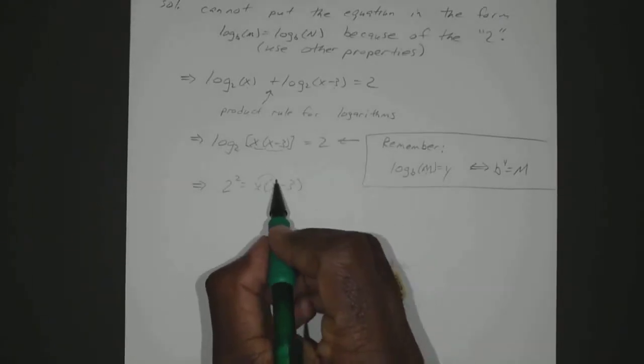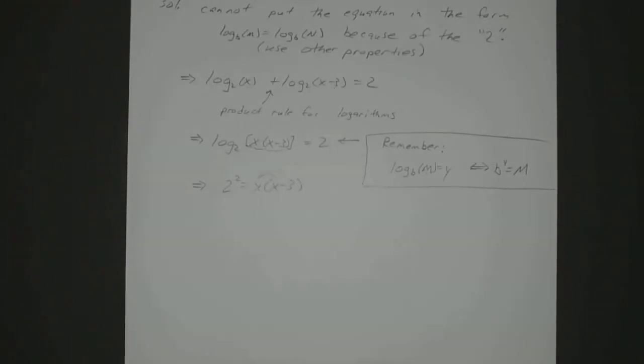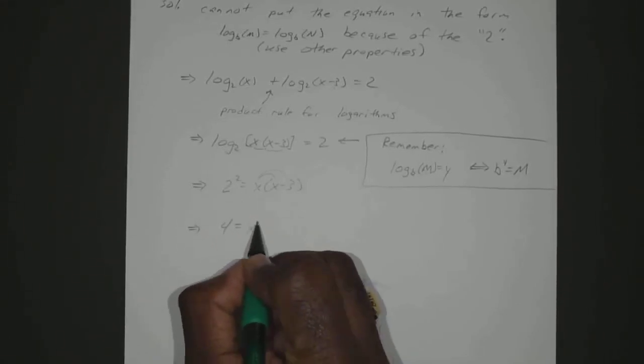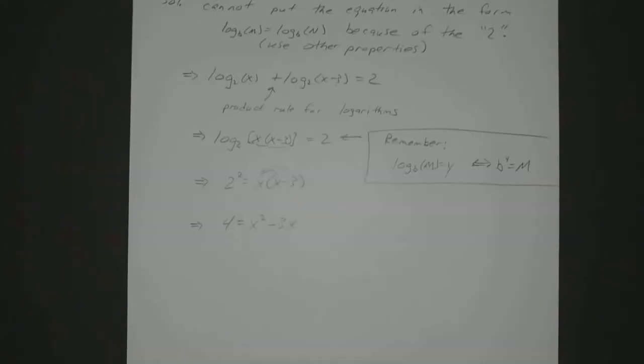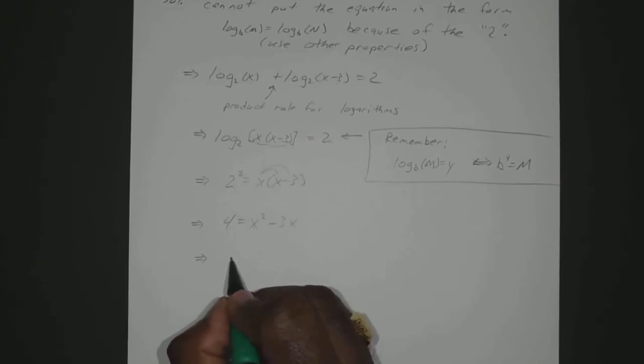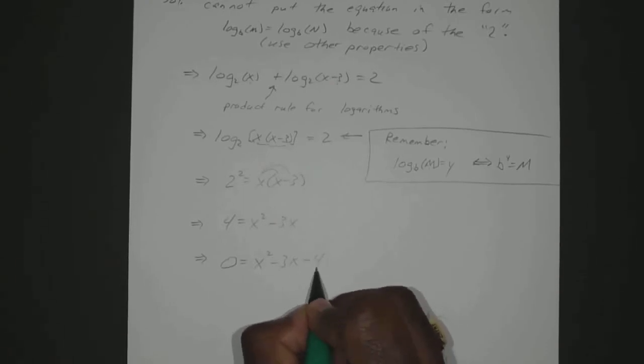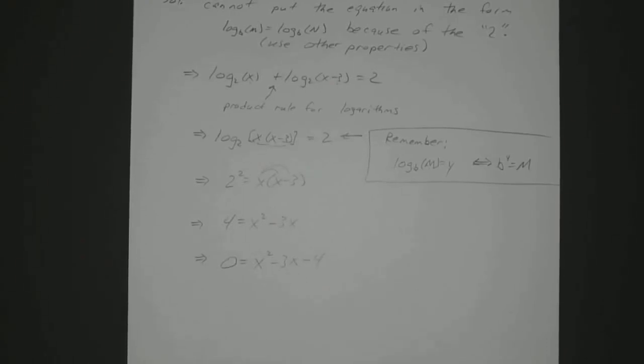If we distribute our x here, we have 2 squared, so 4 equals x squared minus 3x. If we subtract 4 on both sides, that's 0 equals x squared minus 3x minus 4. This factors into x minus 4 times x plus 1 equals 0.